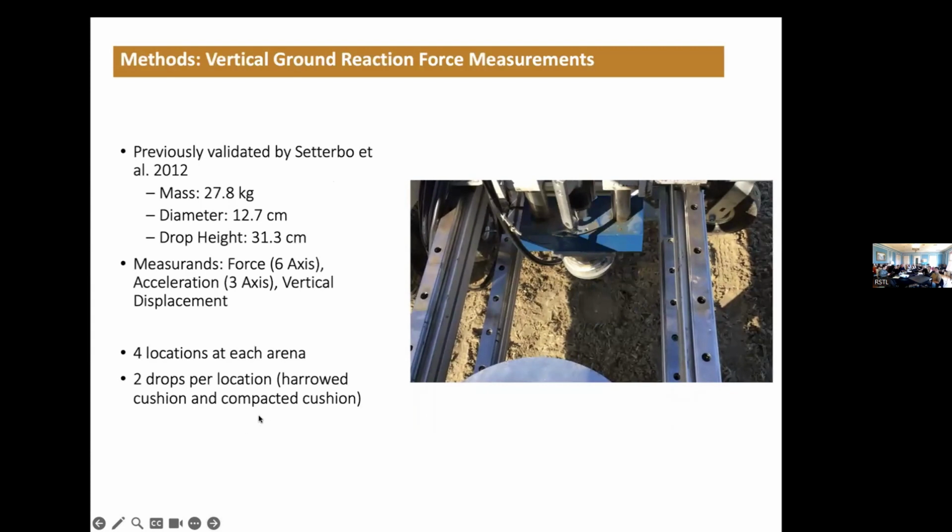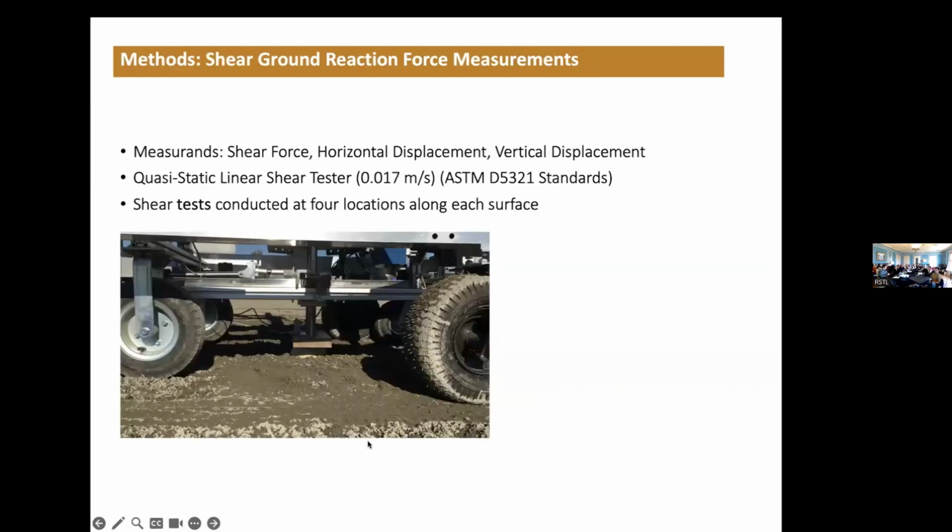So we measure the vertical impact properties, and we think it's really important that we do second drops because the first time the horse goes over the surface, it impacts the surface, you get compaction of the aerated material, and it's a very different surface the second time the second horse goes over it.